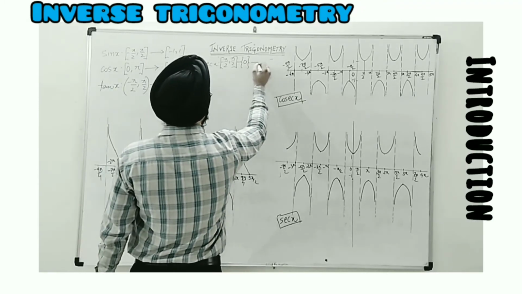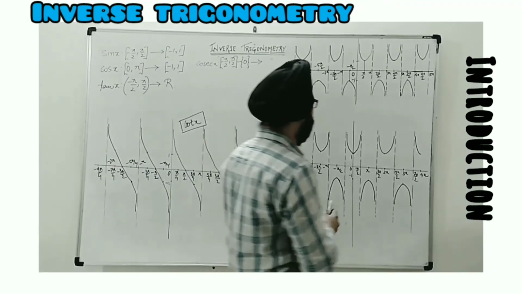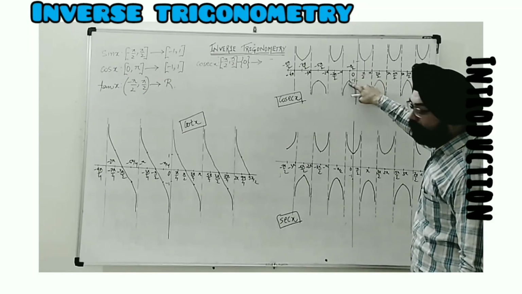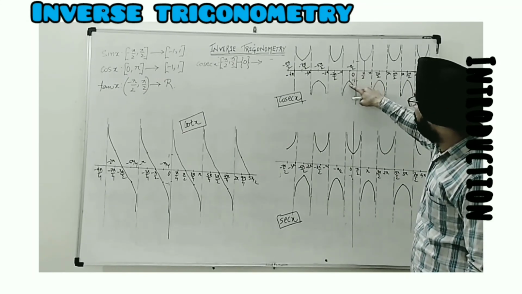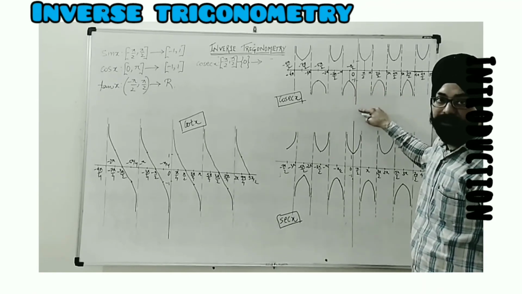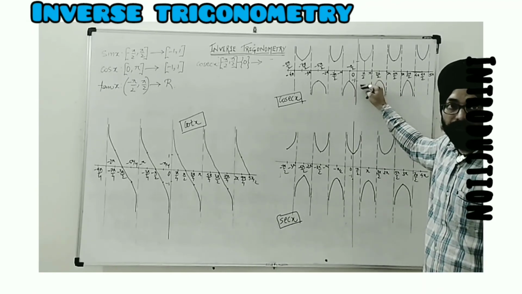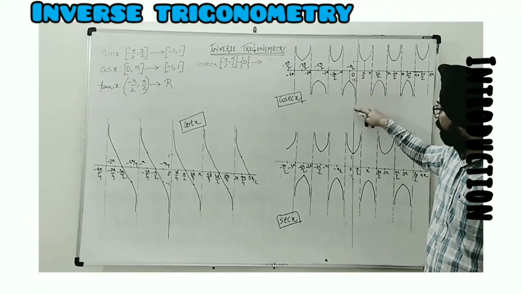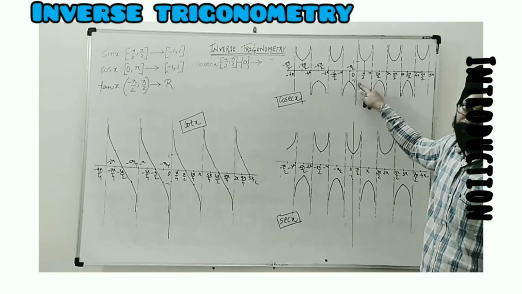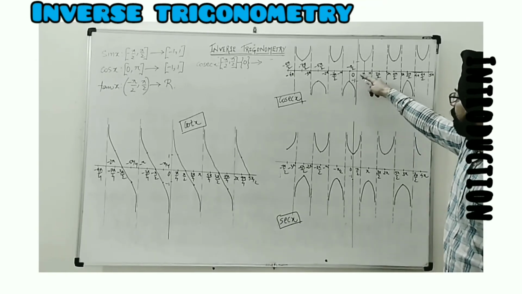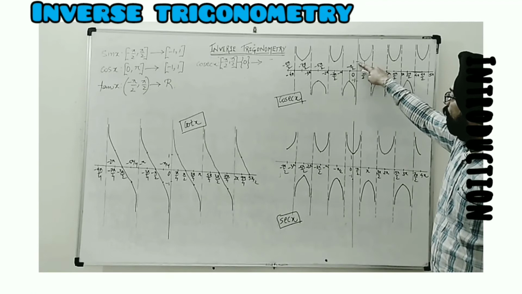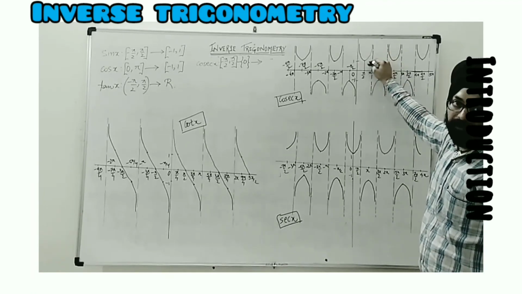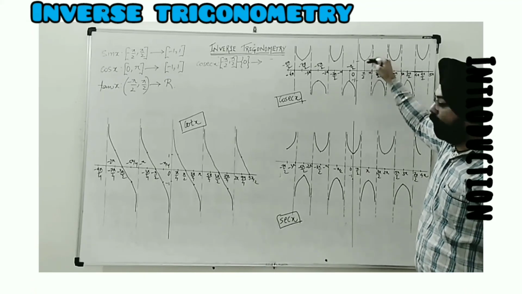And what do we find? Now observe. Between minus pi by 2 and 0, this gives us all the images from minus 1 to minus infinity, meaning all negative real numbers between minus 1 and minus infinity, including minus 1 also. And 0 to pi by 2 gives us all the numbers as images from infinity to 1, including 1 also.